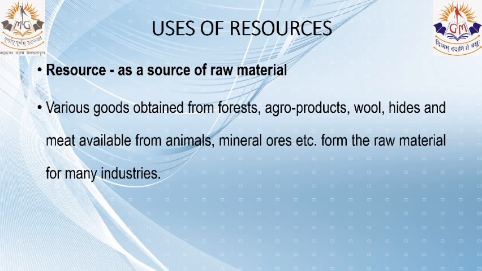Hides, that is for leather industry, we need the skin of the dead animal, the hide of the dead animal, in order to process it into leather and make things like shoes, belts, etc. And meat available from animals. Animals are reared for the purpose of getting meat from them. So animals are used as a raw material for the meat industry.